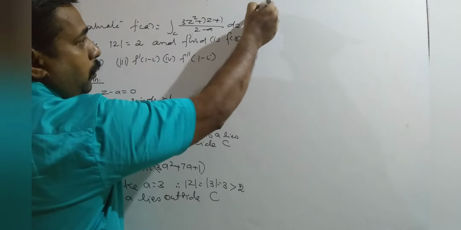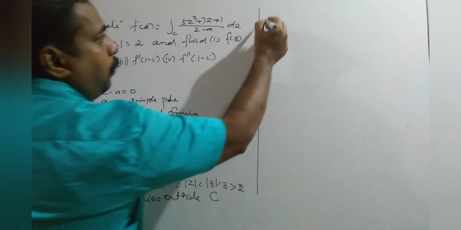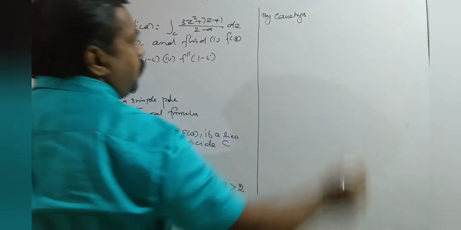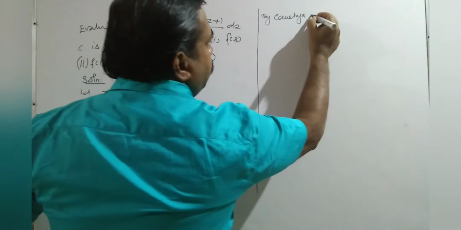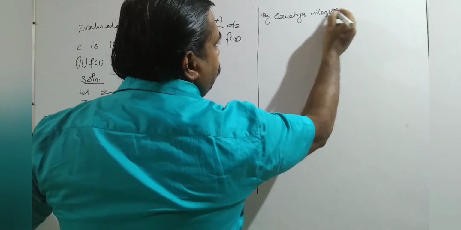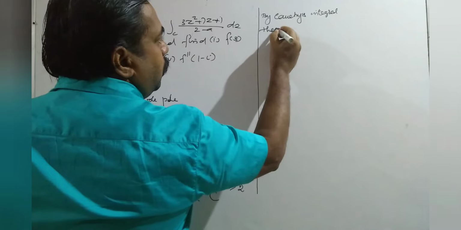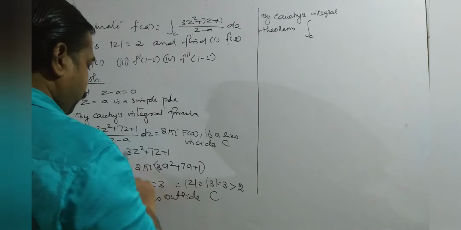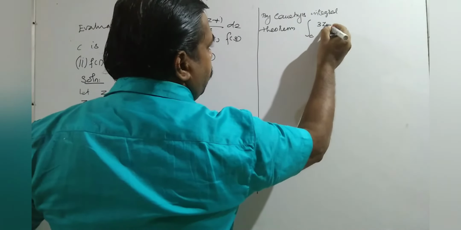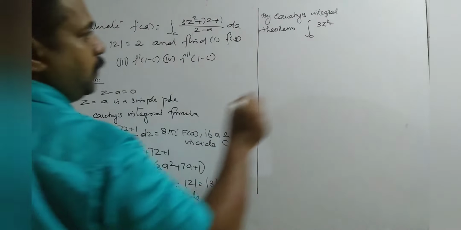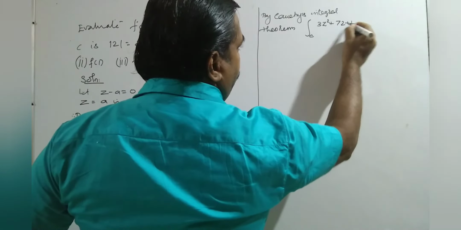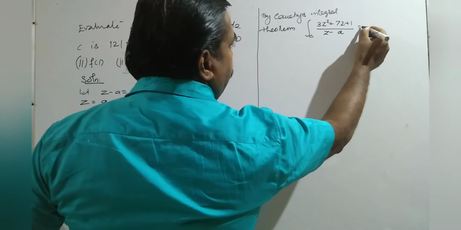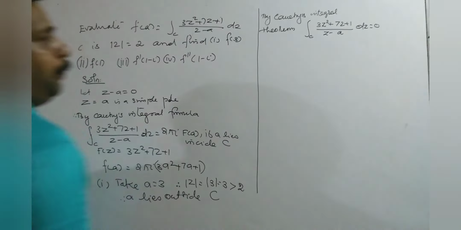So, by Cauchy's integral theorem, the integral over C of (3z square plus 7z plus 1) by (z minus a) is equal to 0.